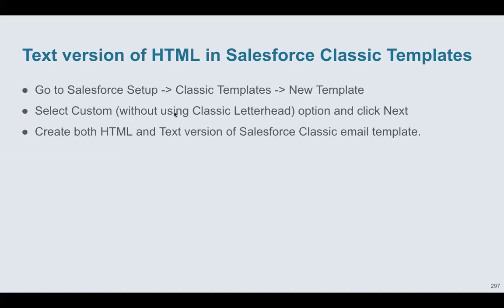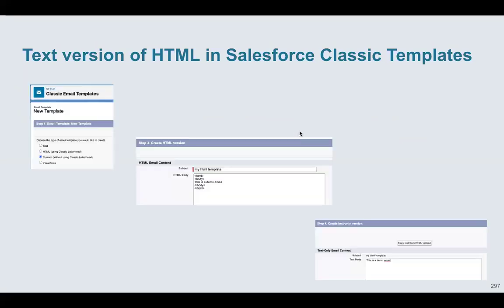And then if you have both HTML and text version, again, it's the same thing. You go to Salesforce setup, classic templates, new template. But this time around, you have to select the custom without using classic letterhead option. And then that's how you can create the HTML. And there's a text version that you can actually create as well right after that. And again, that's the third option that you see, custom without classic letterhead.